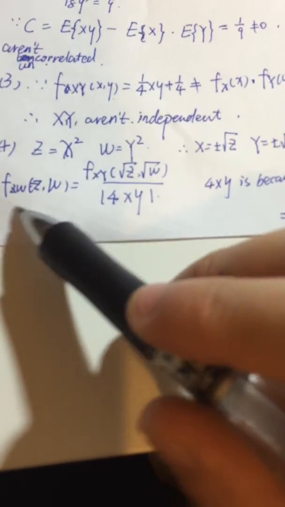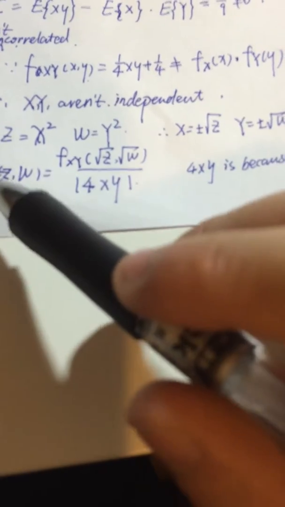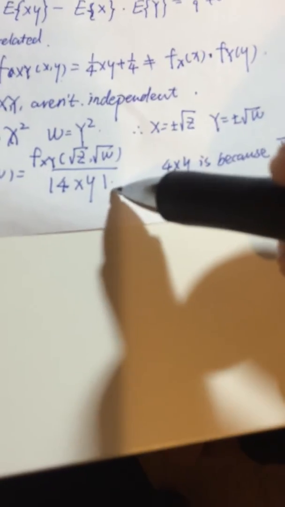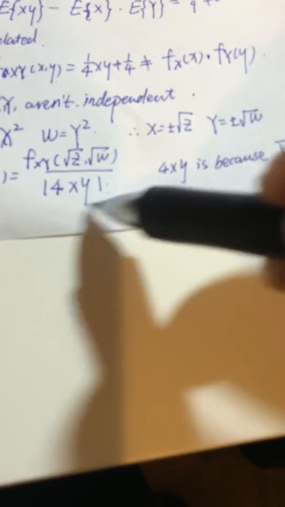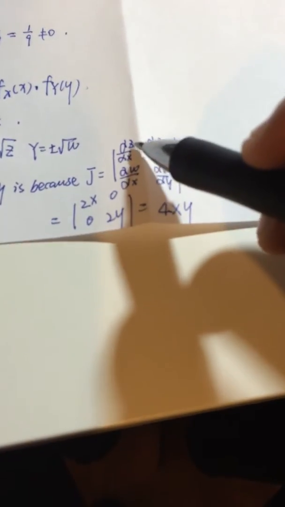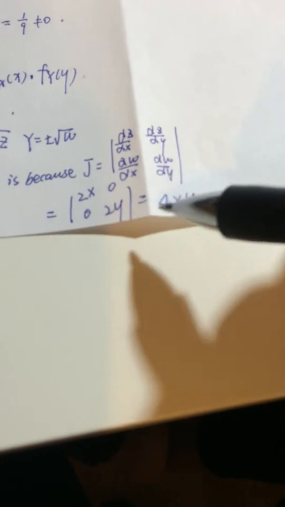We find the joint density function of z and w is like this. To write this, we should find J, the Jacobian, which is a matrix. We do the derivatives like this and get the answer.